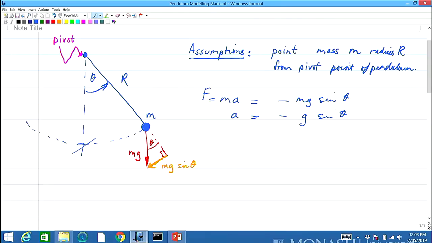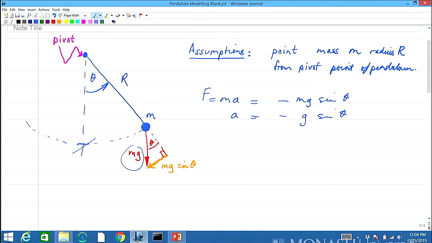Hopefully you'll remember how this all works from your physics in undergraduate years. So we have a force which is due to gravity, which is the mass of the pendulum multiplied by acceleration due to gravity, g. So what we're doing here actually is an important assumption. We're modelling the pendulum as a point mass.